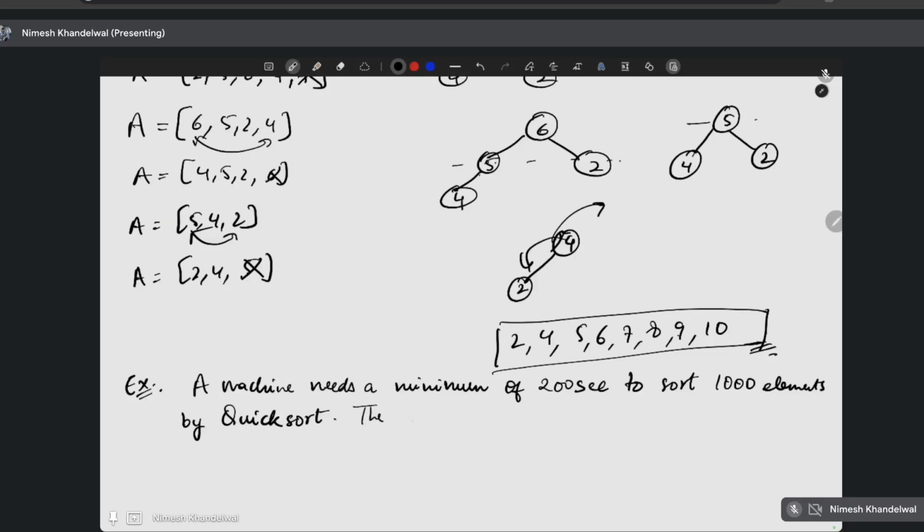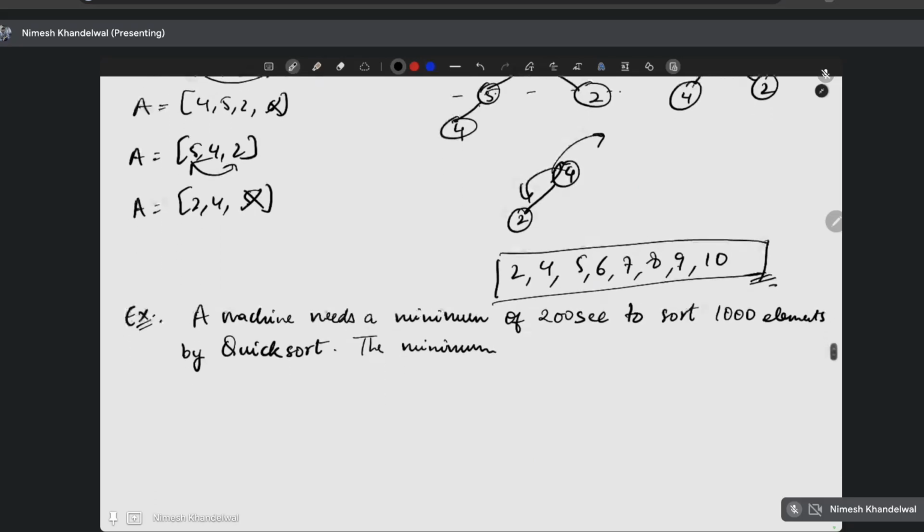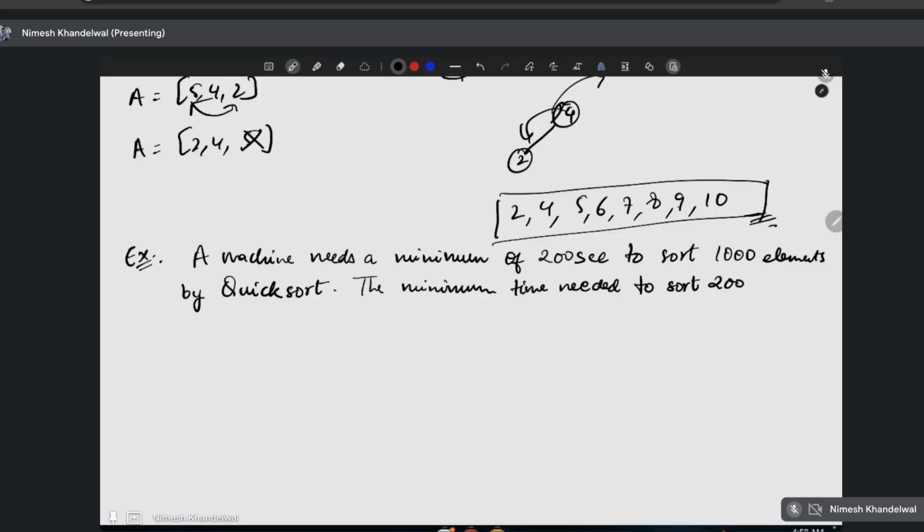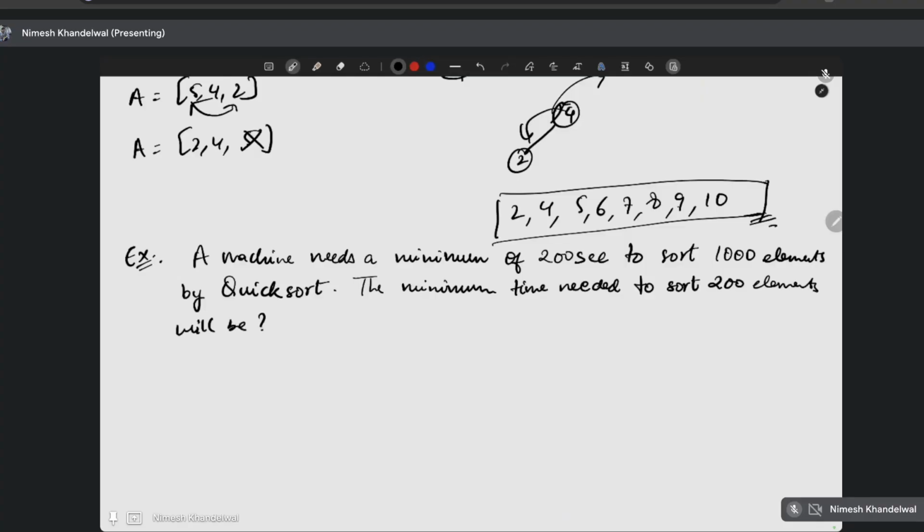So the minimum time needed to sort 200 elements will be what?